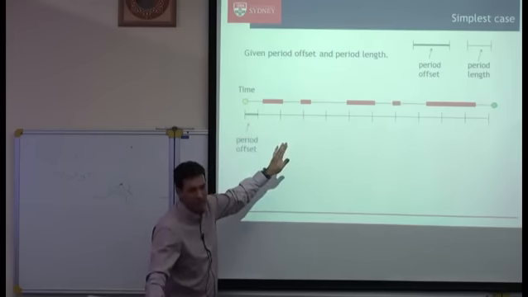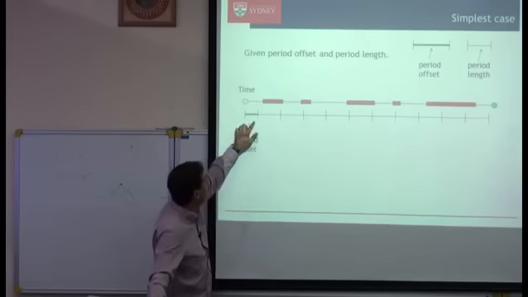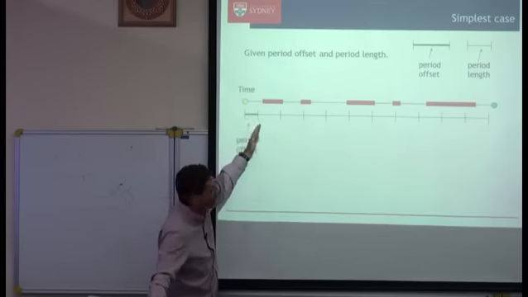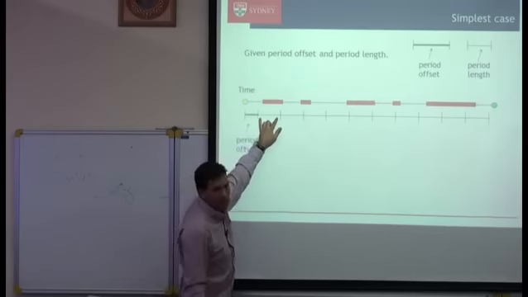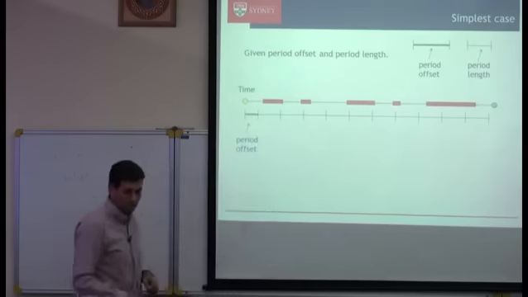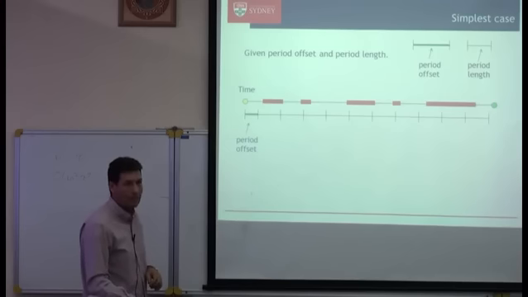I know when I start measuring, the offset, and I know the period length here. And we're going to measure in our period how much time is spent being in, for example, that popular place.